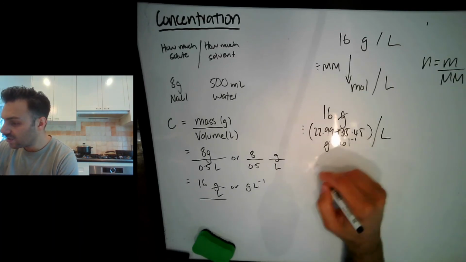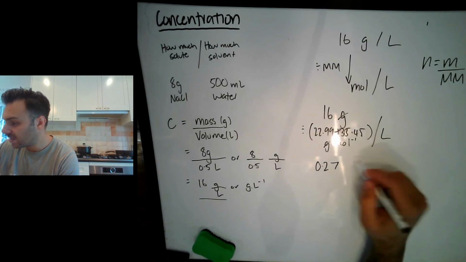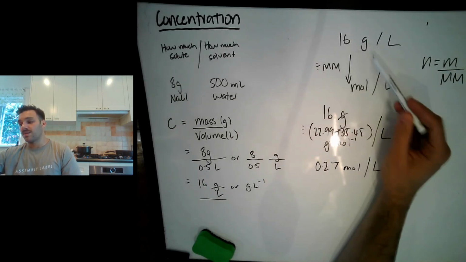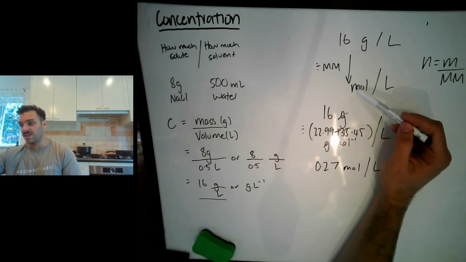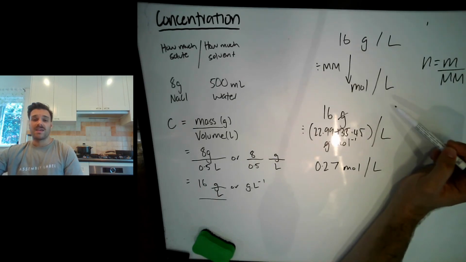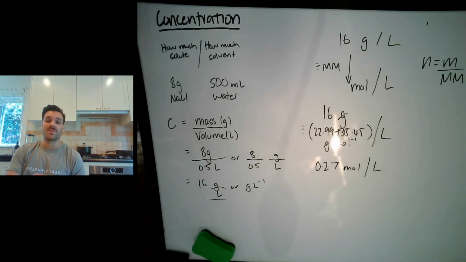Once again, you get 0.27. Again, I'll just keep it short this time. This time moles per litre. There's two different ways you can look at it. So you can convert the number of grams into a number of moles first, and then you can convert here. Now, we didn't have to convert the litres because they're already in litres. If it was, say, grams per 100 mils, you might need to do that conversion as well. But there's two different ways of looking at that.